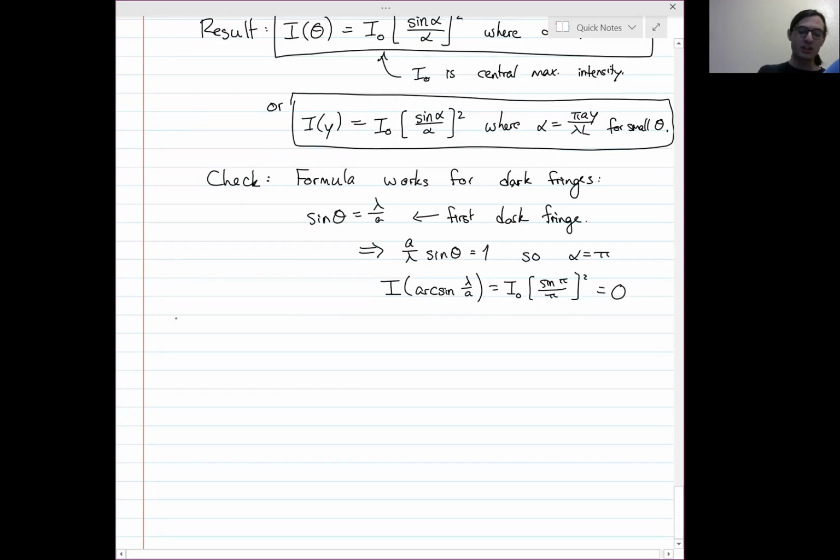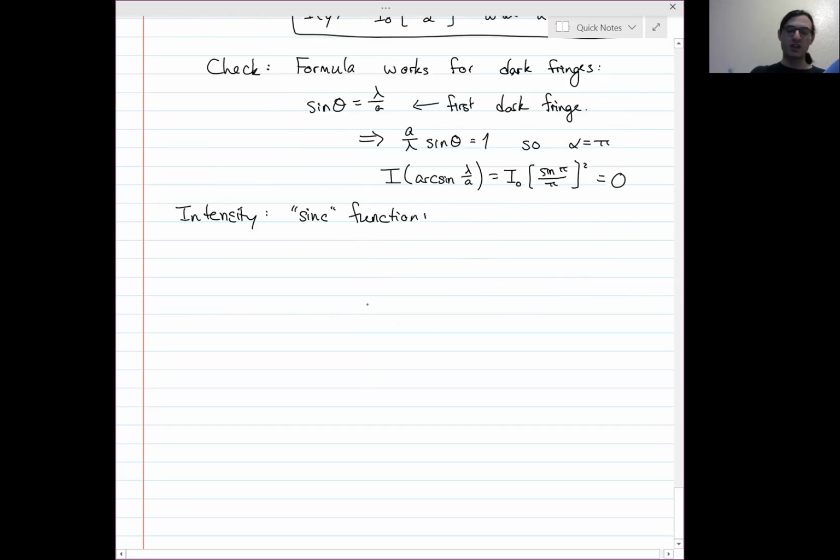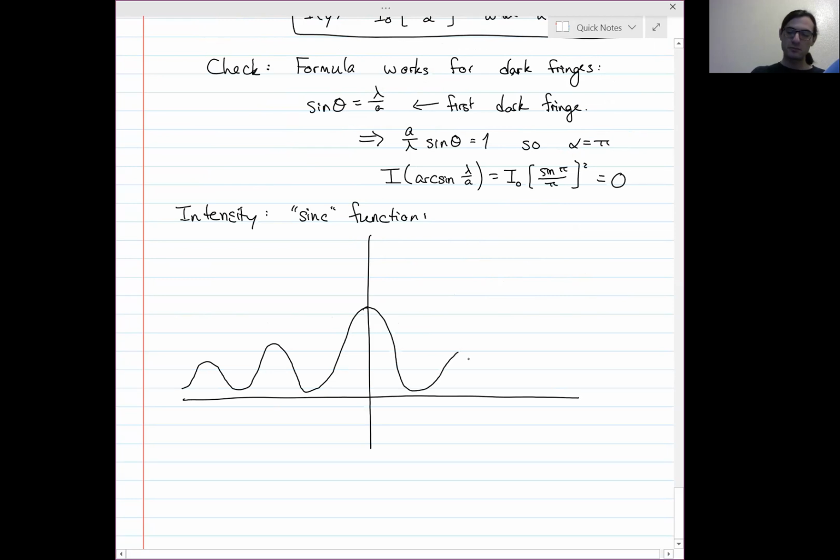So the intensity function is something called the sinc function, and it looks something like this. I will do my best to recreate it. So there's a central maximum. And so this gap here has a length of 2 lambda over a.